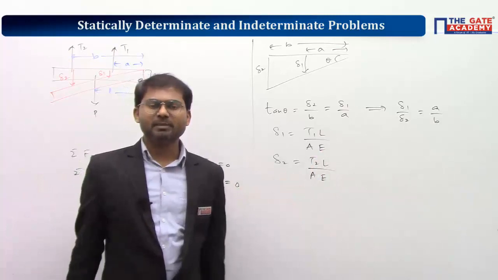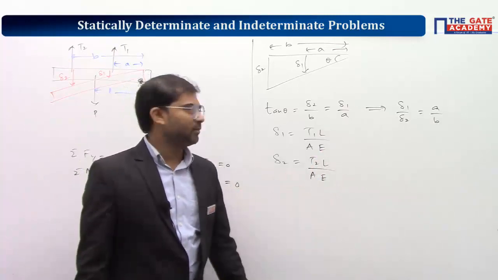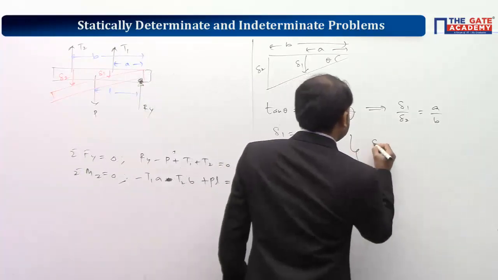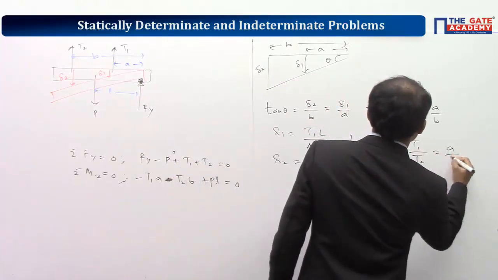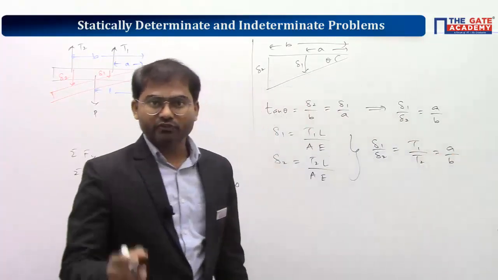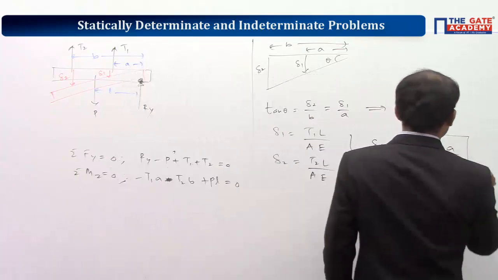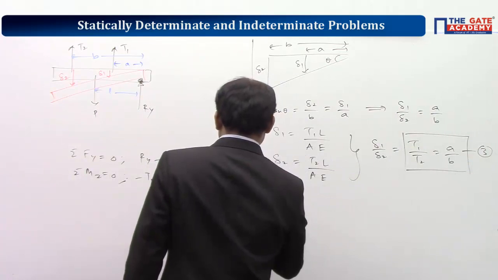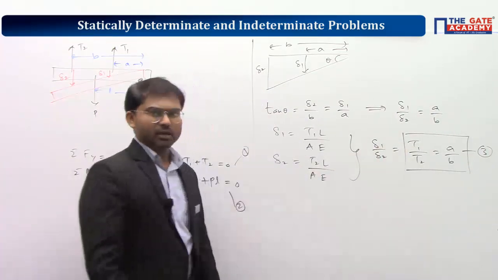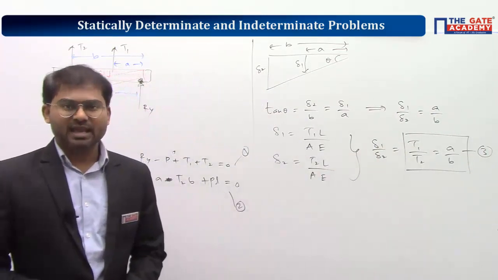And both are made up of the same material, steel, so Young's modulus should be same. So from these two, we can say delta 1 by delta 2 is equal to T1 by T2, which is equal to small a by small b. So we got the third equation in terms of T1 and T2. So this is equation number 1, this is equation number 2, this is equation number 3. Solving these three equations will get the answer.